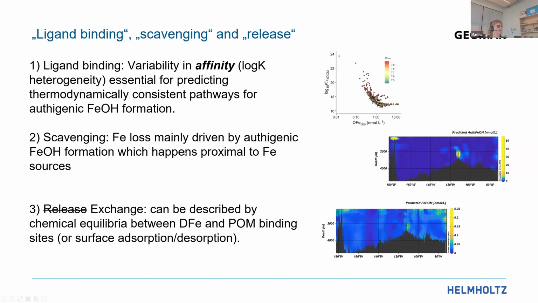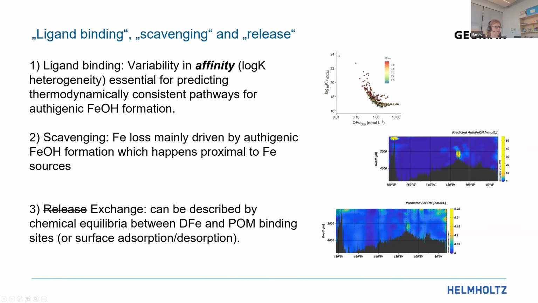And then the second thing that comes from that is that iron losses in the ocean are mainly driven by authigenic iron formation, or iron mineral formation. And that happens proximal to iron sources. So the main losses are occurring in localized regions around iron sources. And of course, that's why iron concentrations are quite low everywhere in the ocean. And then the release part, I think, is not really a release, it's an exchange.